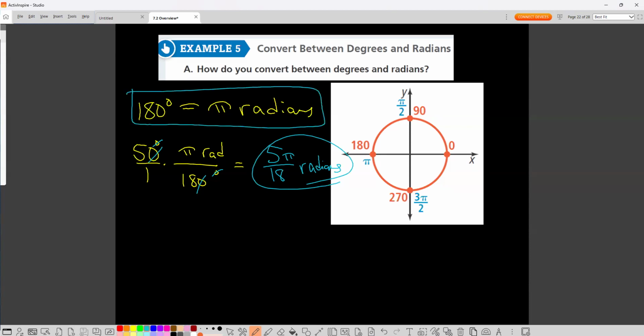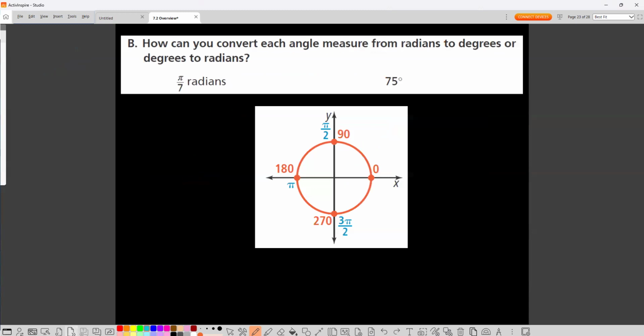You could use 360 equals 2 pi radians, but if you do that, you still have to simplify later anyway down to the pi and the 180. So for part B, let's use a couple of specifics. I've got pi over 7 radians.